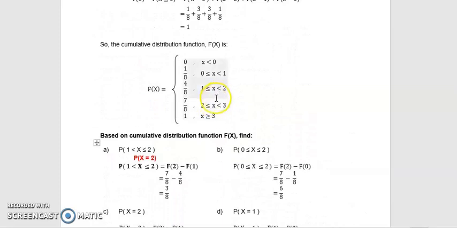Where is f2? Look here, x greater than or equal to 2, so this is f2, 7 over 8, minus f1. Where is x equal to 1? Look here, x greater than or equal to 1, so this is f1, 4 over 8. So 7 over 8 minus 4 over 8 is equal to 3 over 8.